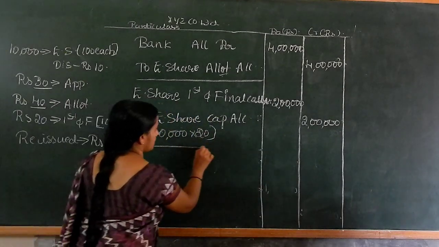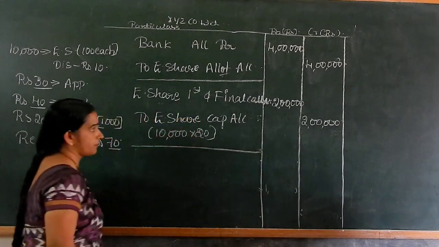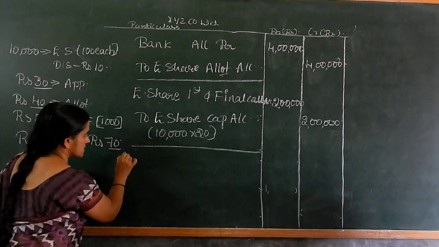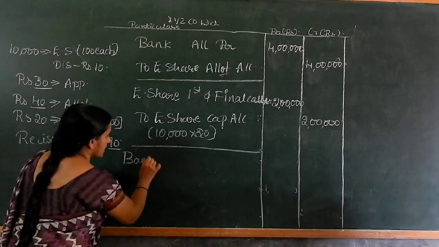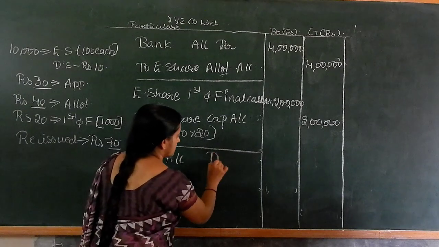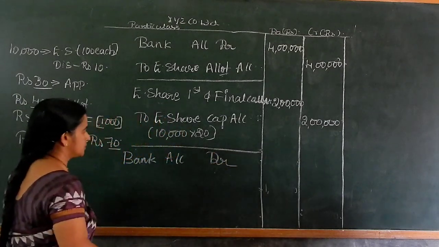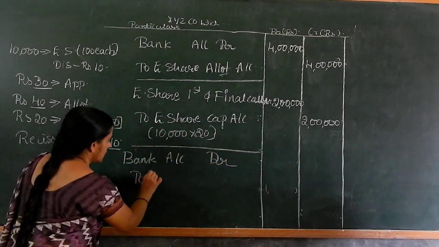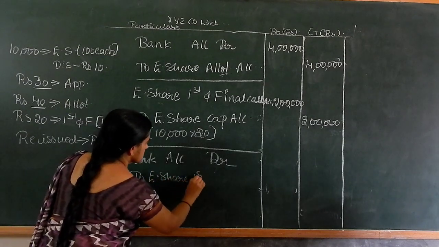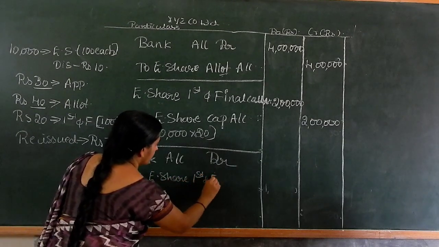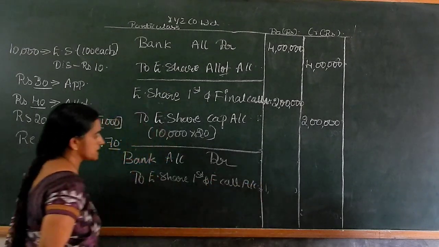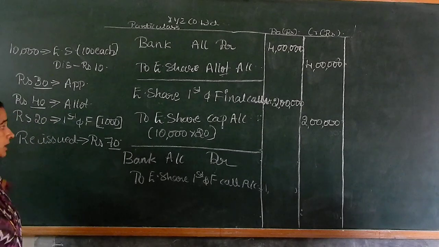At the time of receiving the first and final call, one entry has to be passed, that is bank account debtor to equity share first and final call account.